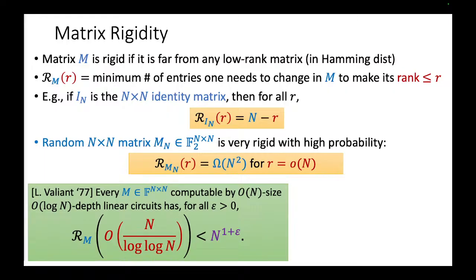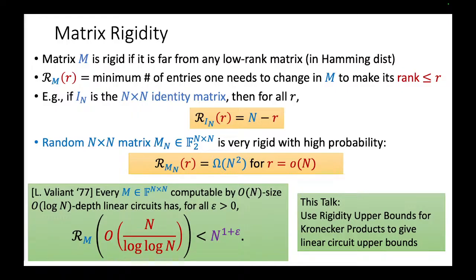This is the inspiration for what we're going to do today, but we're going to pursue a kind of converse. There's no formal converse of Valiant's result that's known, at least to me. But what we're going to do is nonetheless use rigidity upper bounds to give better circuits. You convert a circuit into a rigidity upper bound; we're going to convert rigidity upper bounds into circuits.